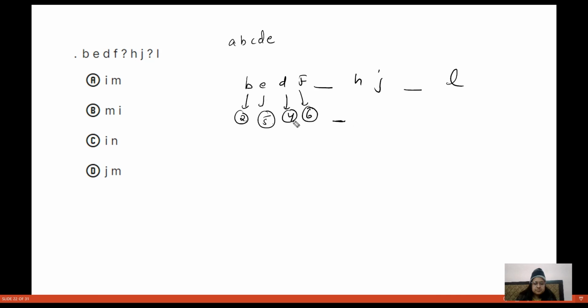So we have 2, 5, 4, 6, then H is 7, then J is 10, then dash, and then L is 12. So what are we getting? We are getting here a sequence 2, 4.